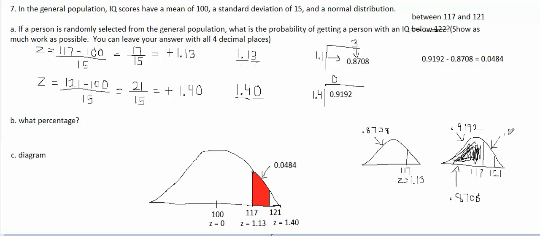So if you're wondering why we do it this way, this is why we do it this way. I just explained to you why it's done this way. And here, once you get the probability for part A, you turn it into a percentage. So just like before, multiply by 100.